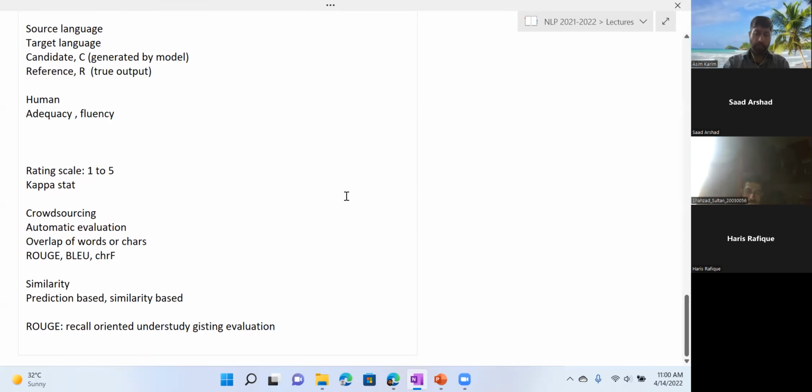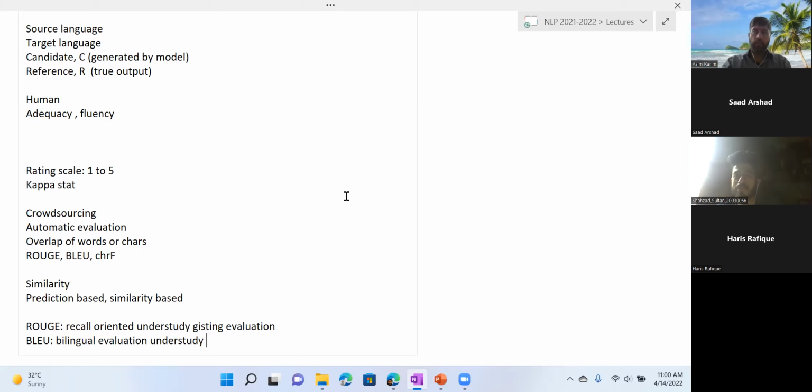So I think I'll just name these and then stop. The other one is BLEU, Blue Score. This basically stands for bilingual evaluation understudy.